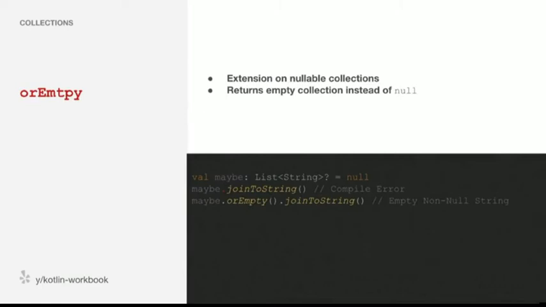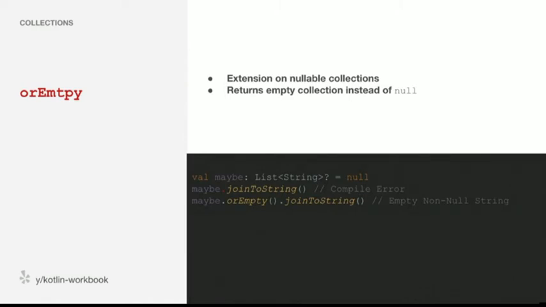And then there's orEmpty, which is really nice. It's actually declared on the nullable collections. It's actually declared on almost all collections here. I'm showing it for a list. But what it allows you to do is just not care about, like convert your potentially nullable lists into empty lists, and then you can chain other operations on that.